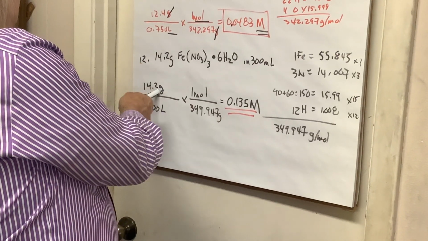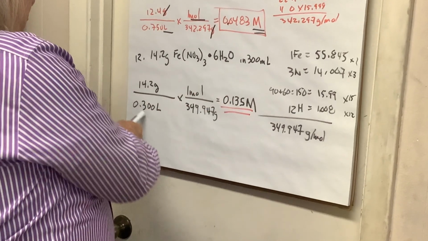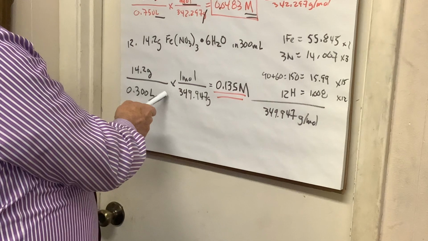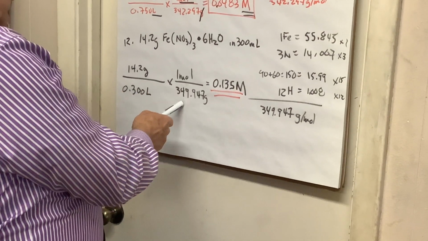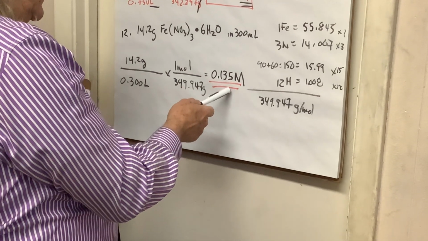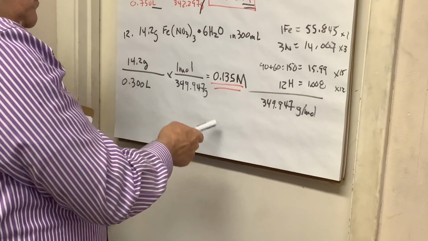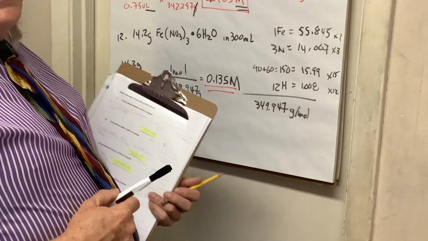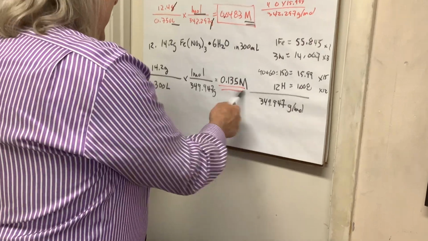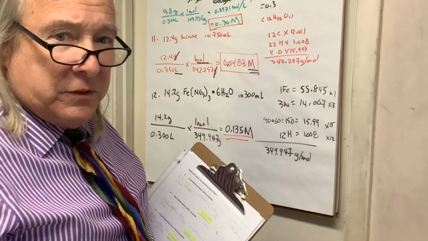This 14.2 grams in 0.300 liters, knowing that 1 mole is 349.947 grams, gives me a molarity, or a concentration of 0.135 molar. Okay? Now, what if I take this solution and dilute it 1 to 10?